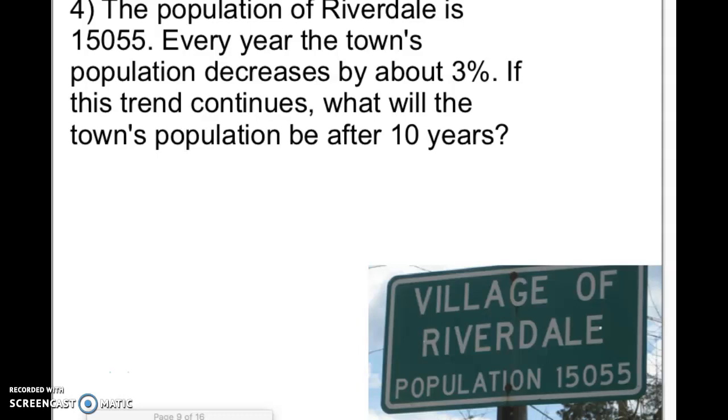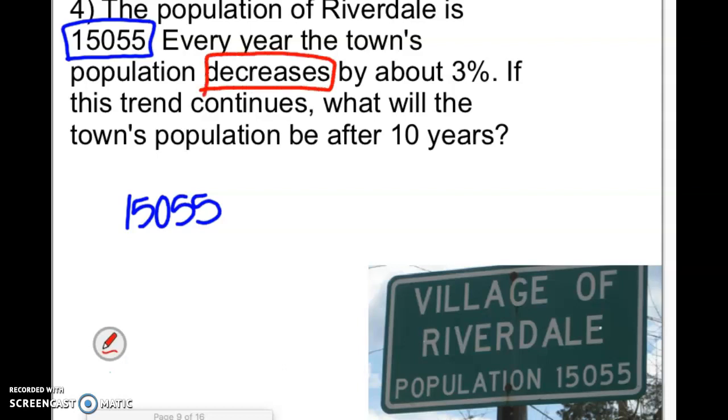Going through, looking for our 3 key pieces of information. What is the start? Here's our start. We're going to see is it growing or decaying. So look for keywords like decreases or increases. So we're going to use 1 minus 0.03.